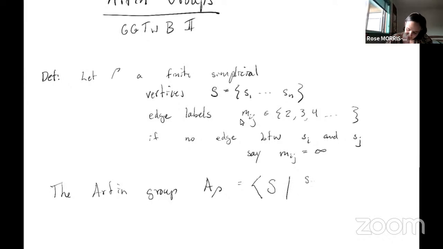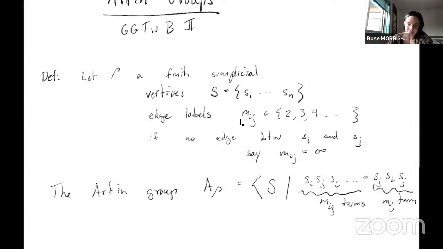So I'm going to have Si, Sj, Si, in this alternating pattern, will be equal to Sj, Si, Sj, alternating where I'm starting with the other one first. I'll do an example of this in a moment. And each of these is length Mij terms here. And here you also have Mij terms. So let me do an example here.